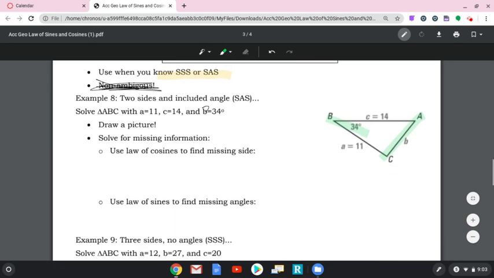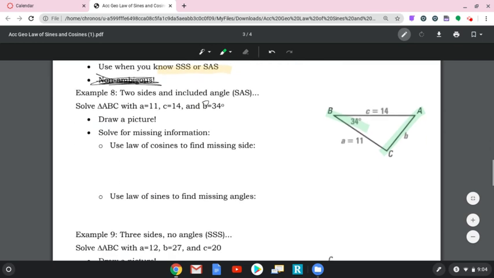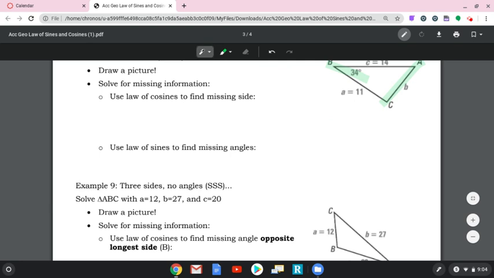When I go to solve this, the equation is b squared equals a squared plus c squared minus 2ac cosine of B. So I'm going to write down b squared is equivalent to a squared plus c squared minus 2ac cosine of B.